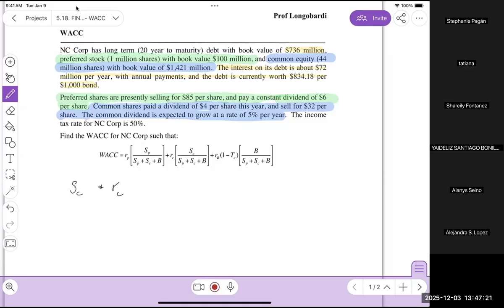So if they're growing at 5% and the dividend this year was $4, the next period dividend will be, with the $32 price plus the growth, and that's going to be RC, right?